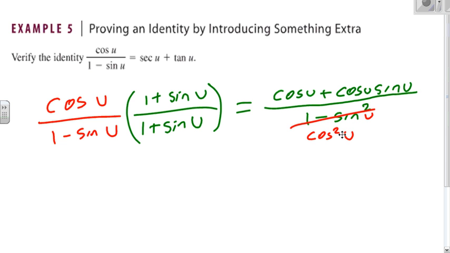So the cosine squared on the bottom, and there's a cosine on the top in each part that we can cancel out with it. So one of the cosines on the bottom cancels out cosine in both parts on top. Or if we were to distribute it, it might be a little bit easier to see that cosine cancels one of those. And we'd just be left with 1 plus sine of u over cosine.